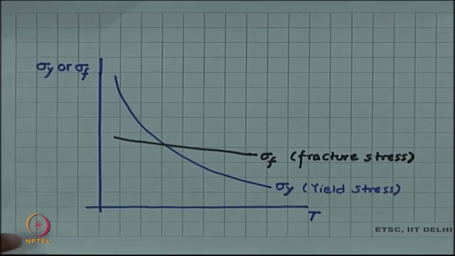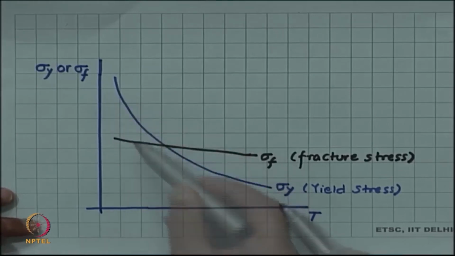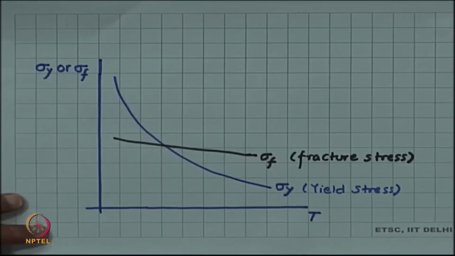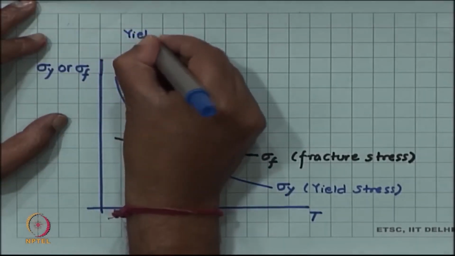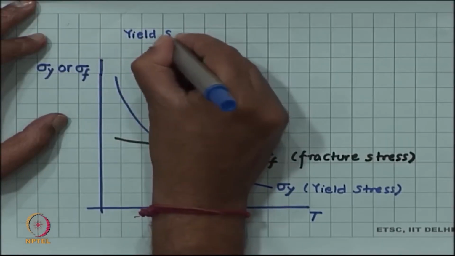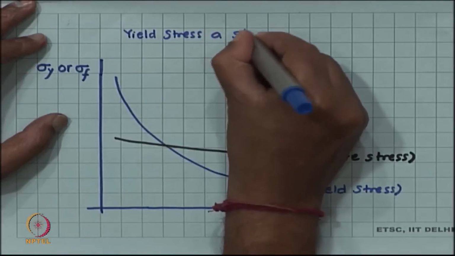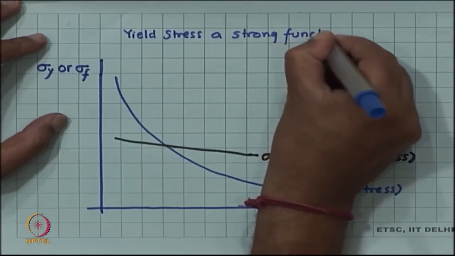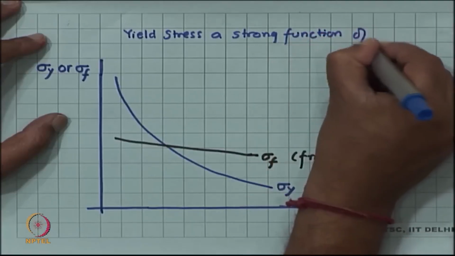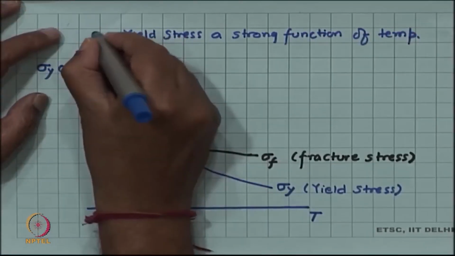And we are considering a situation where the yield stress is a strong function of temperature. This is the case for BCC materials. So, yield stress is a strong function of temperature for BCC solids.